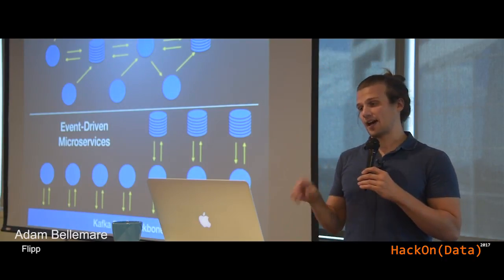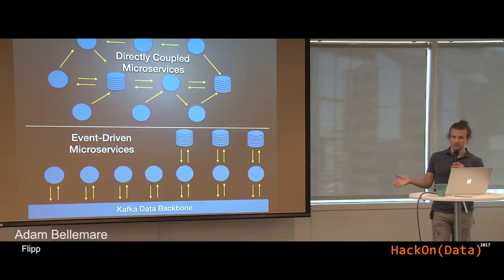So it's not an all or nothing proposition. If you do have existing systems that are directly coupled and they provide a lot of communication between each other, you know what? If it works and you're not having a lot of pain points around it, leave it alone. Because if it's not broken, don't try to fix it. And that approach is called a hybrid approach.